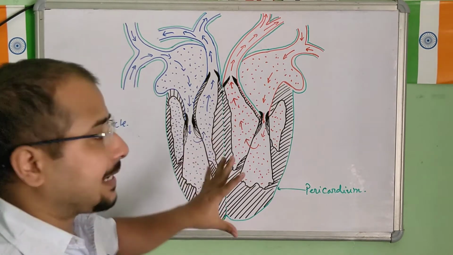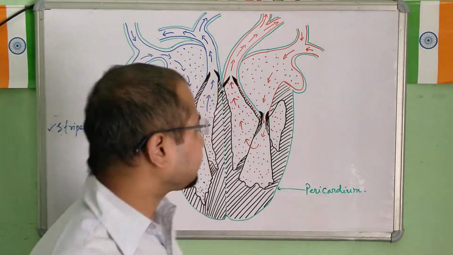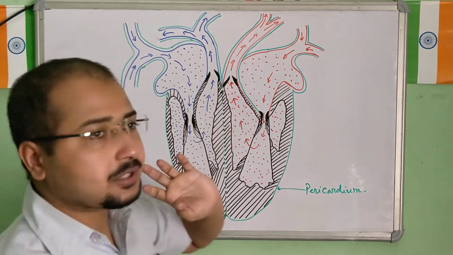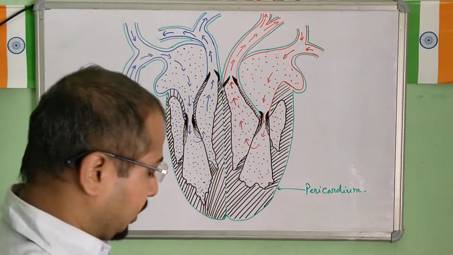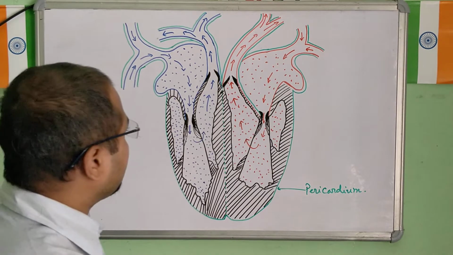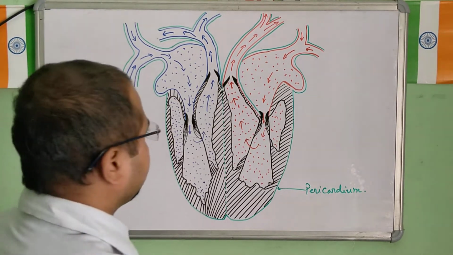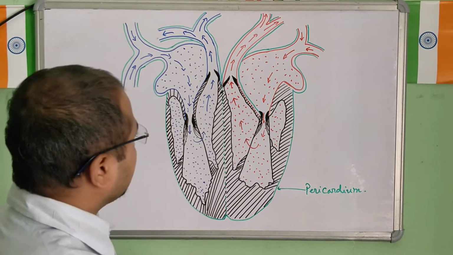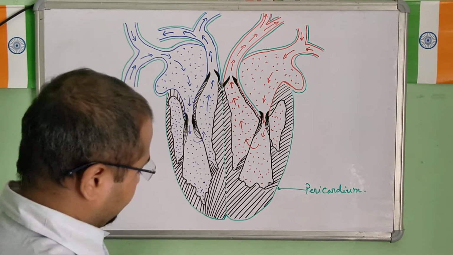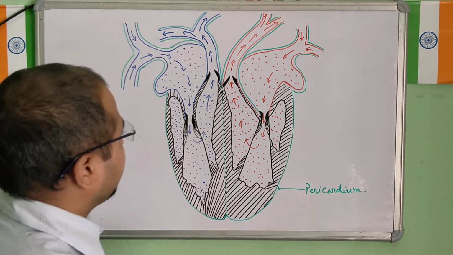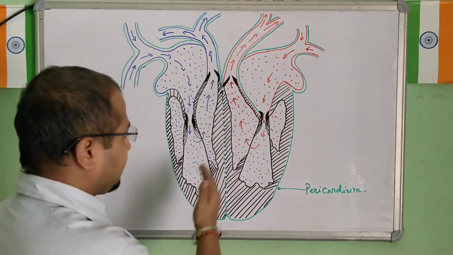Now let's get inside of the heart. See, there are four chambers I have drawn here. Can you identify the four chambers? This is the left side of the heart, this is the right side of the heart.